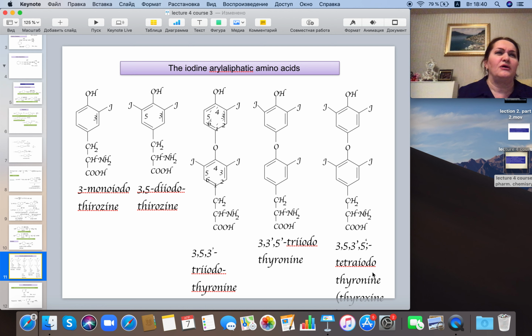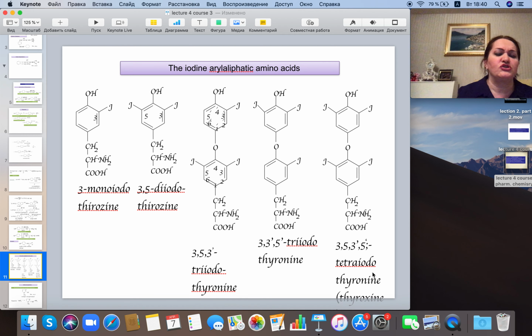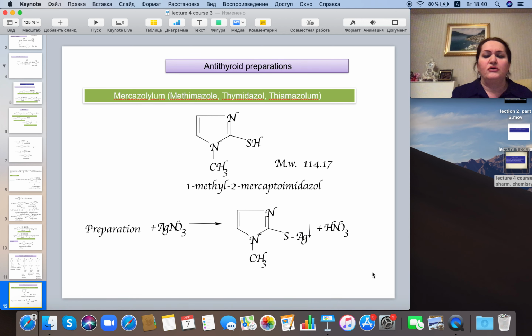They are used during different diseases, for example tumor of the thyroid gland, or hypofunction of the thyroid gland. But during hyperfunction of the thyroid gland, I use anti-thyroid preparations, and the first representative of anti-thyroid preparations is mercazolil, or methimazole, thiamazole, or thiamazolum.